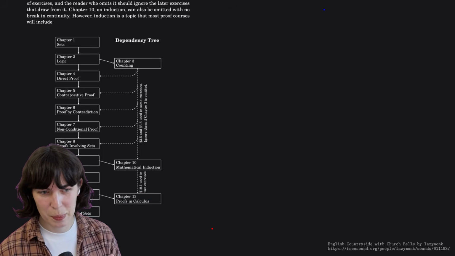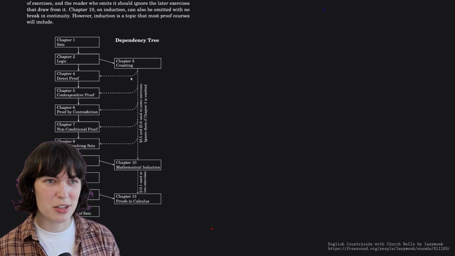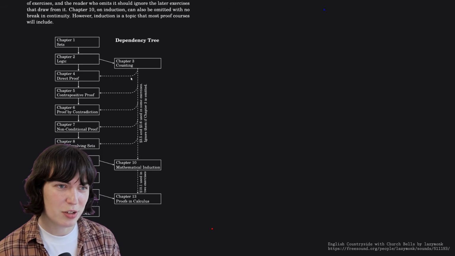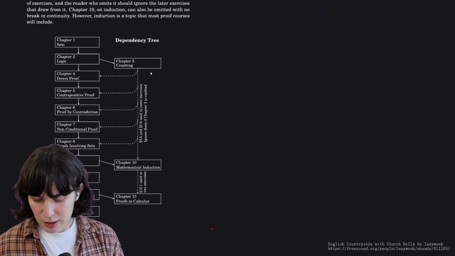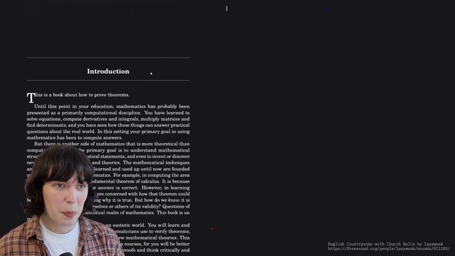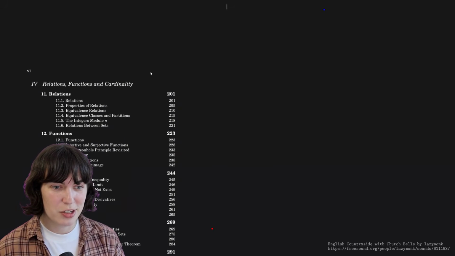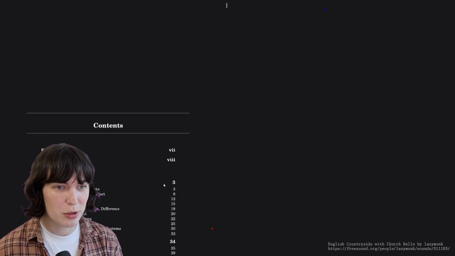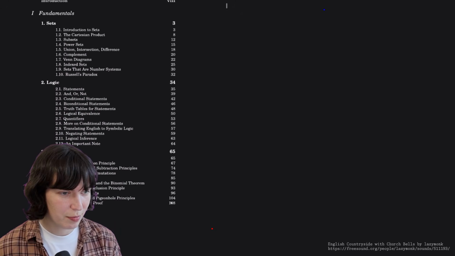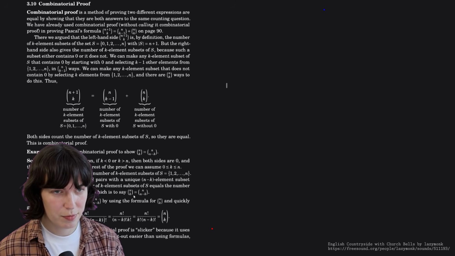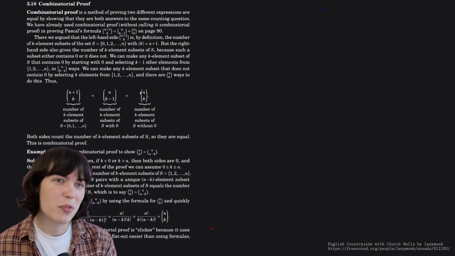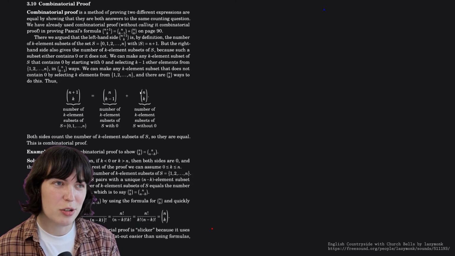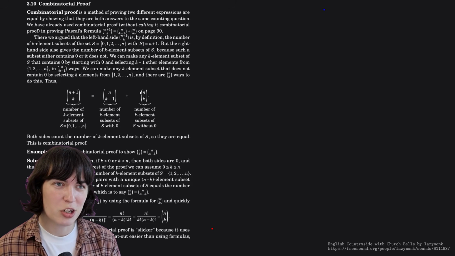However, I have a strong hunch this book is designed to be delivered as a textbook to college courses of some kind, and maybe they're going to play it fast and loose because they're expecting somebody to be hand-holding people through this. Anyway, combinatorial proof is a method of proving two different expressions are equal by showing that they are both answers to the same counting question.